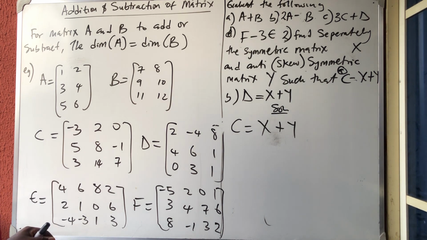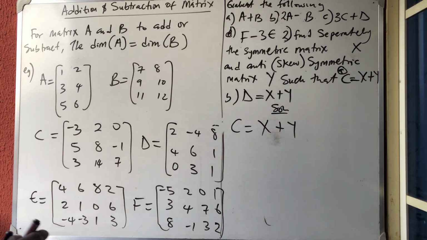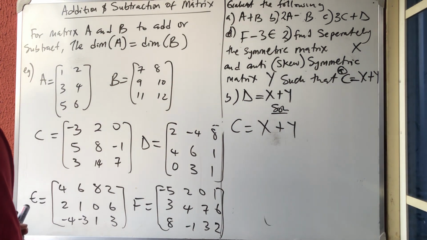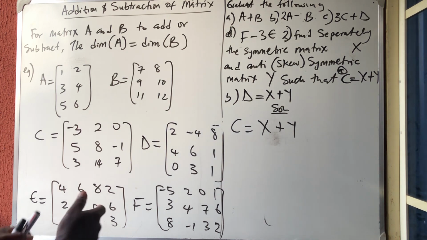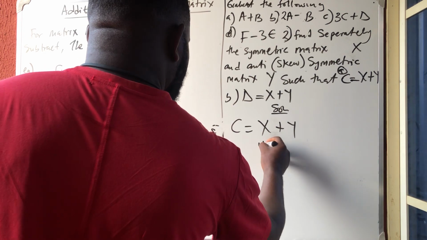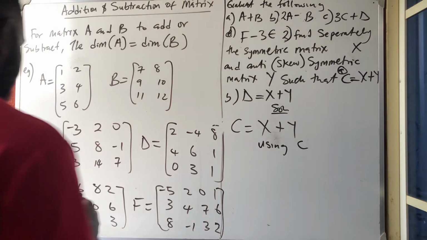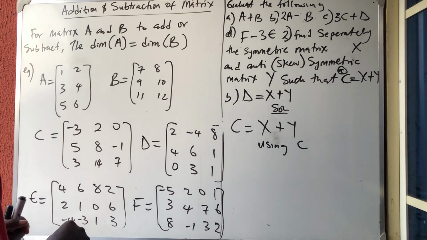And they say we should find the symmetric matrix. So for us to find X, we have to do this. They said that X is a symmetric matrix. So for us to find a symmetric matrix, what do we do? Using C, let us use C. Permit me to clean the board.